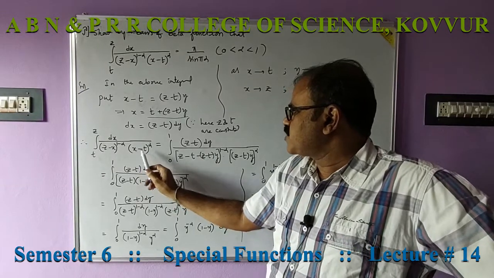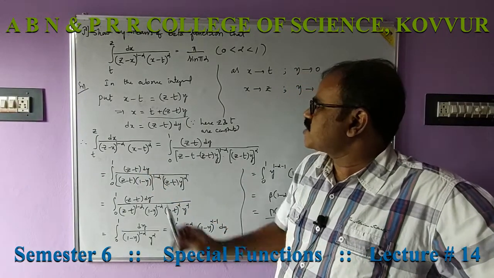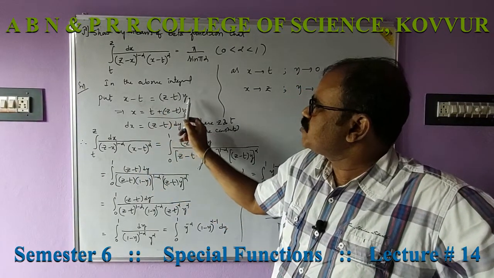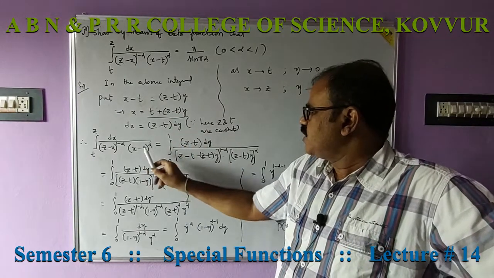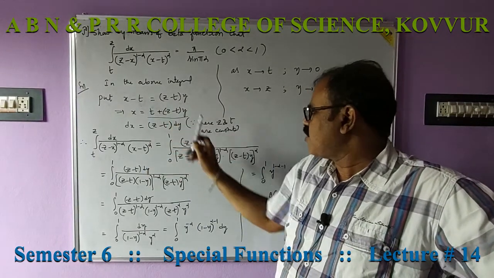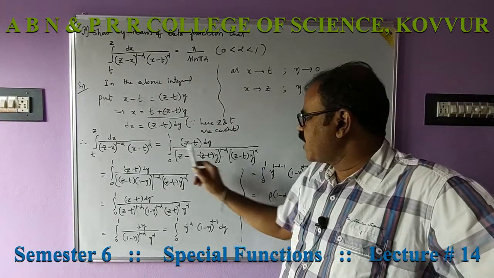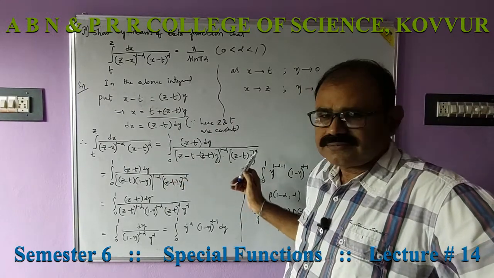And x minus t to the power alpha, where x minus t is (z minus t) into y. Therefore, in place of x minus t, you have ((z minus t) into y) whole to the power of alpha.